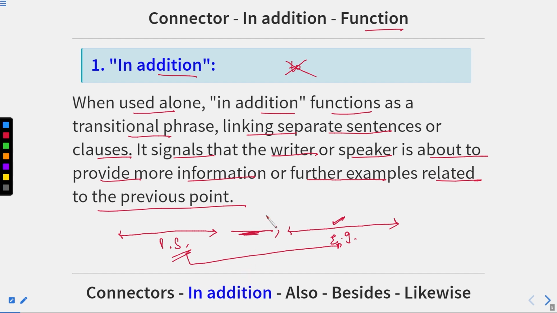Now, for example, you can say, cow gives us milk. In addition, we pray cow as our god. So in this sentence you can see the first clause which is given to us, and we are using the phrase in addition just to add extra information about the cow. So this is how we can use in addition.